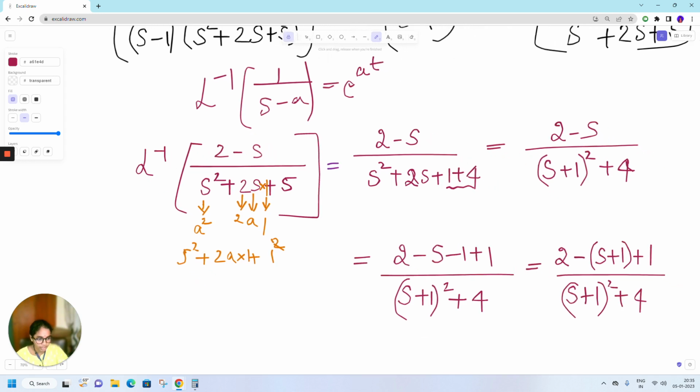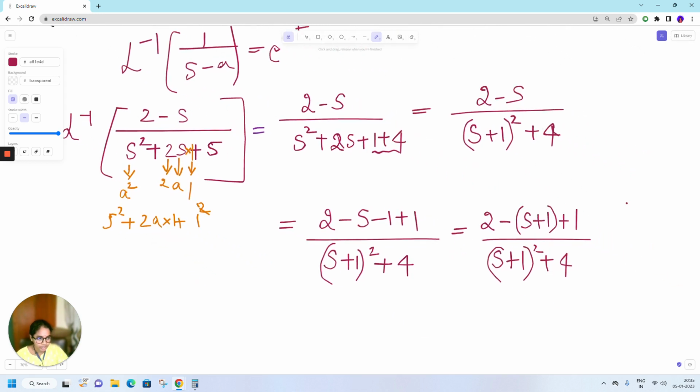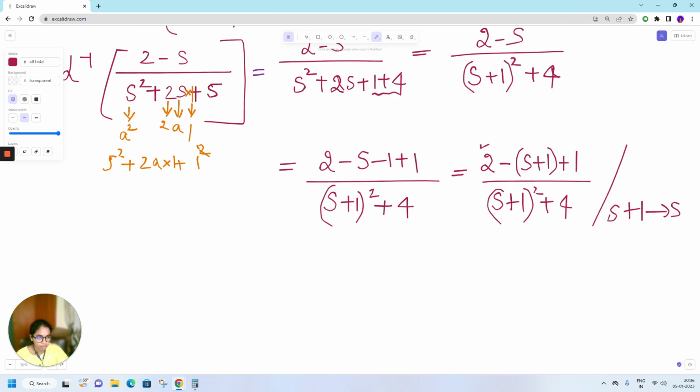What is our next step? I would have to replace s plus 1 with s. So let me add this 2 plus 1. That would become 3 minus s divided by s square plus 4 into e to the power minus t.